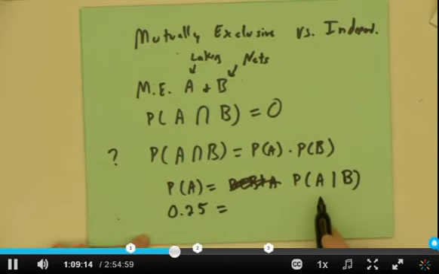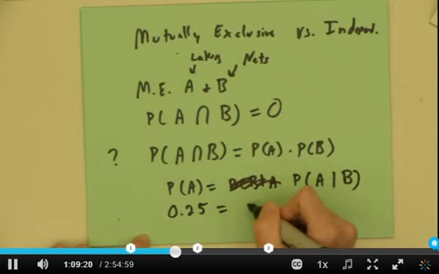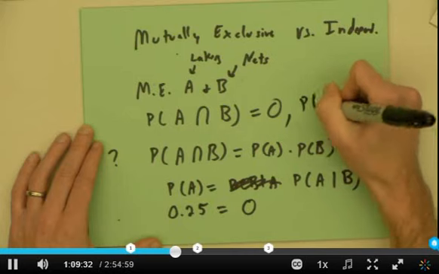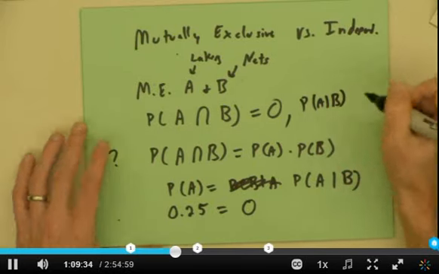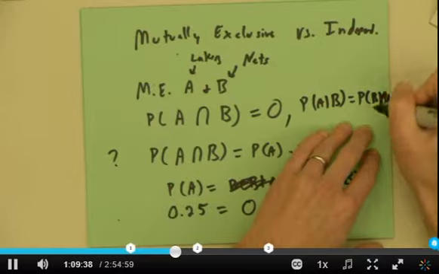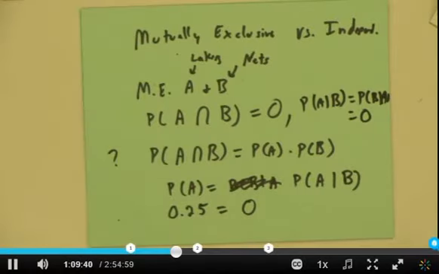Probability of A given B. What's the probability the Lakers win the championship given that the Nets won? Zero. If the Nets won, then the Lakers can't also win. It's just not possible. Okay, so that's another way to see it. Probability of A given B, and probability of B given A are both equal to 0.